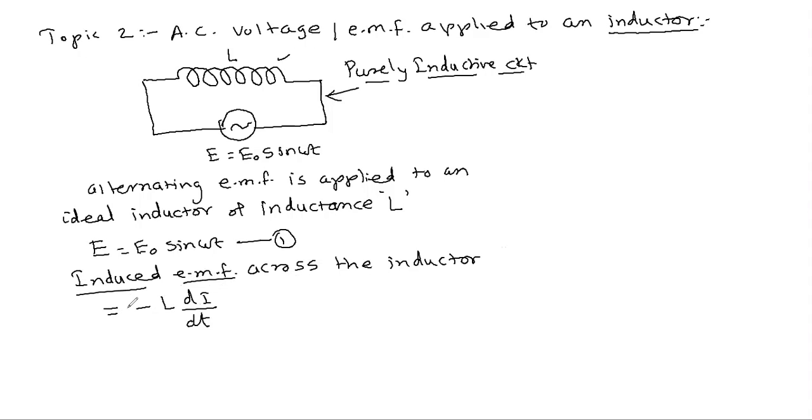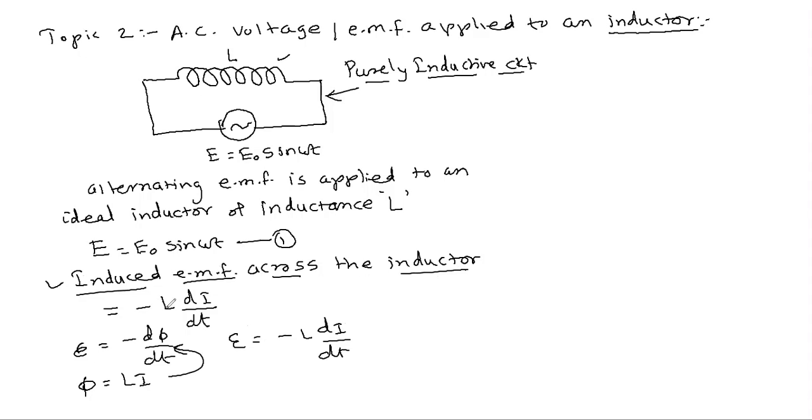For this inductor we calculated it using the relation E is equal to minus d phi by dt, and the value of phi for the self-inductance, that is Li. So putting this value in this equation, you get E is equal to minus L di by dt. So here the induced EMF across this inductor is given by minus L di by dt, which opposes the growth of current in the circuit.